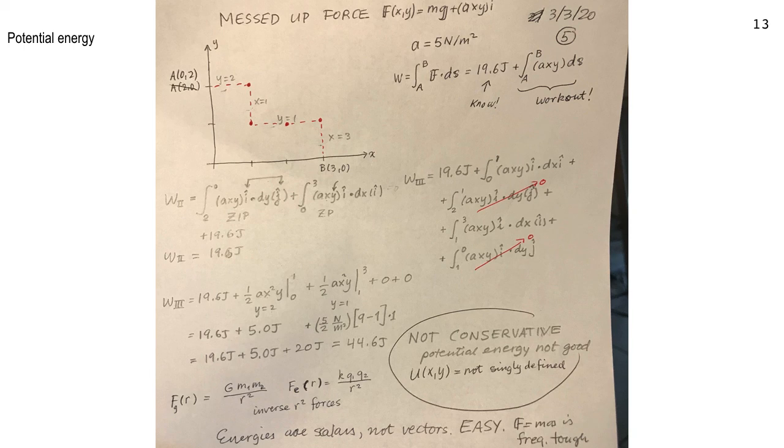You learned that in Calc 3? Lagrange equations? Yeah. So Lagrange and Euler's equations and Hamilton's equations are energy equations, but that's way beyond the calculus level that you guys are at right now. But once you get there, the formulas and stuff are pretty easy.